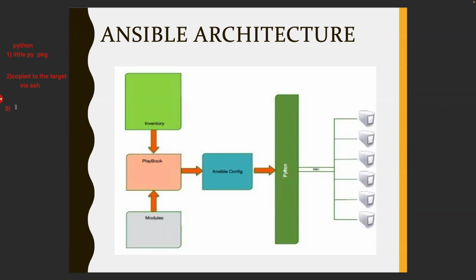Once the package is copied to the target, that small Python package is executed on the target. That's why again Python should be present on the target also. So when the package is executed, configurations are applied. So once configurations are applied, what next?